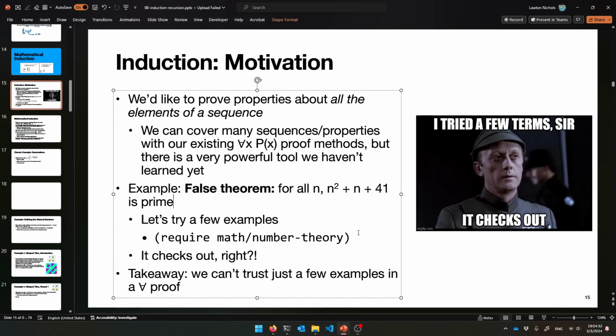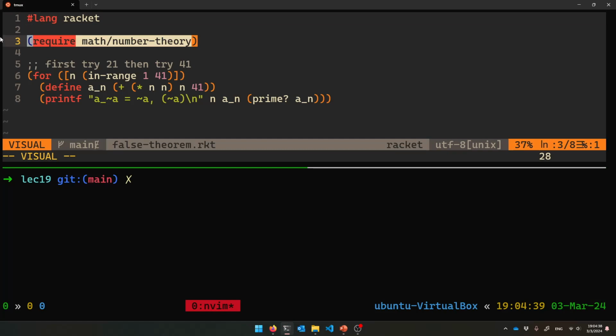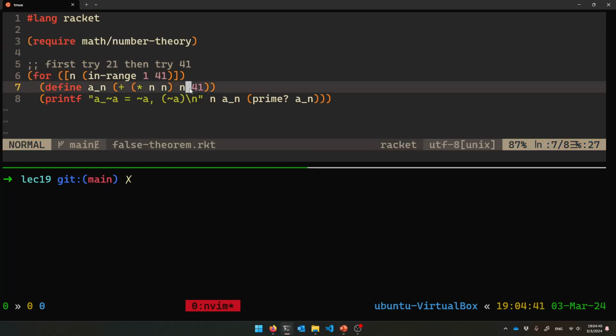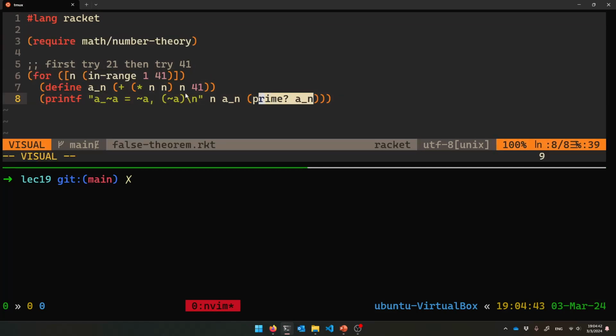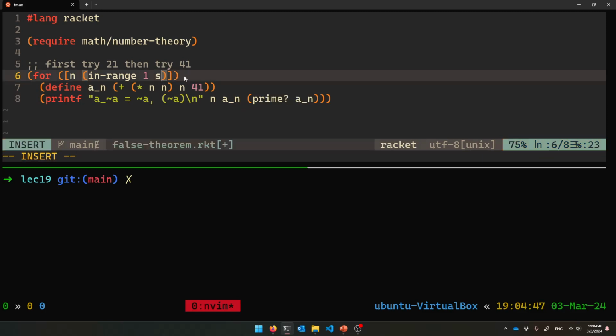But if you try a decent number of examples, it is true. So here in Racket, if I include the number theory library, it lets me check for primality. So here I am ranging over numbers, let's do 1 to 21.